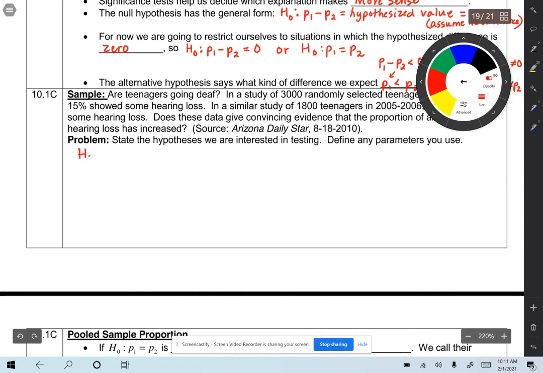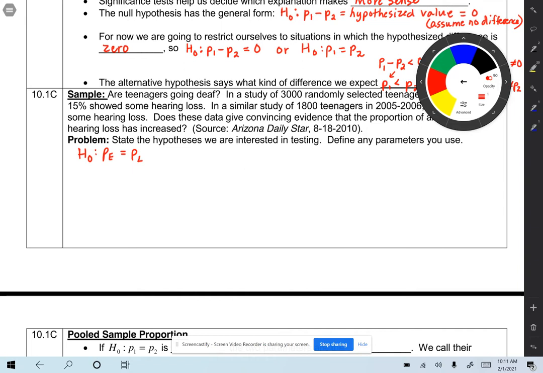So our null hypothesis states there is no difference. So the proportion of the earlier years is going to be equal to the proportion of the later years. So I'm going to call my 1988 to 1994 early years and the 2005 to 2006 my later years.